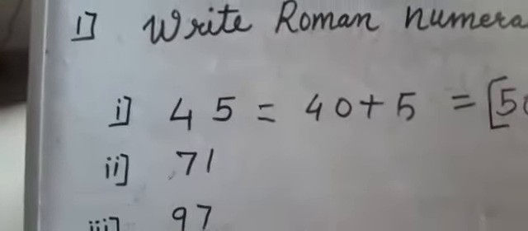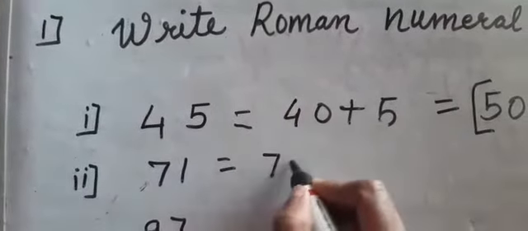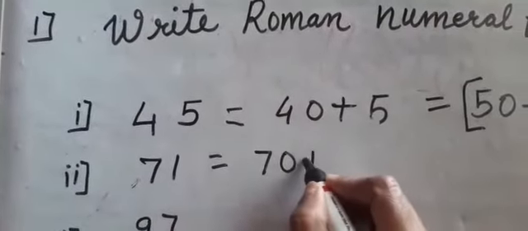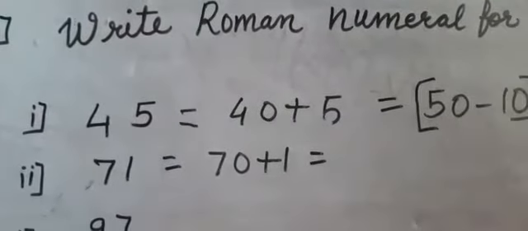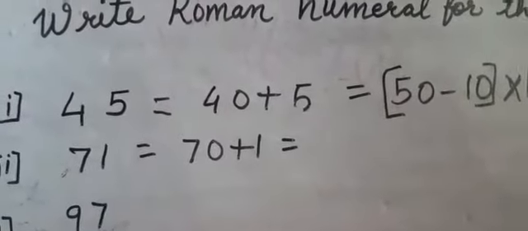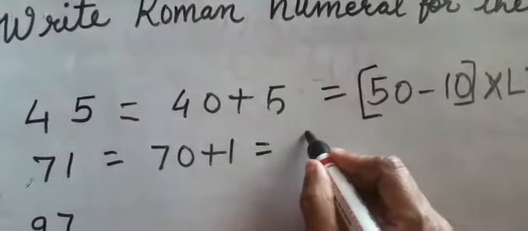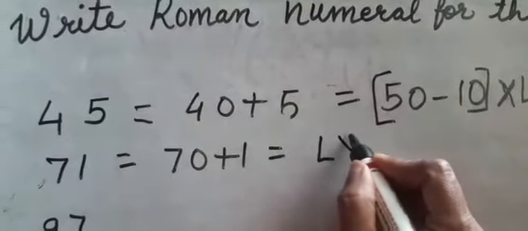Now 71. We can write 70 as 70 plus 1, but there is no sign for 70 also. There are only 7 symbols in the Roman numeral system, but we know the sign for 50 is L, and we can repeat any symbol up to 3 times.